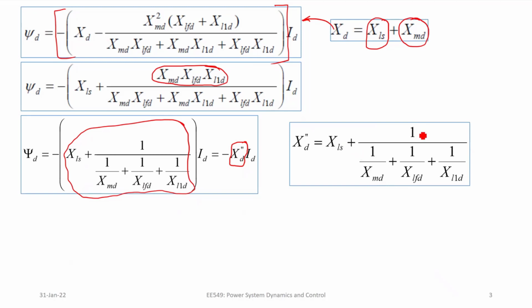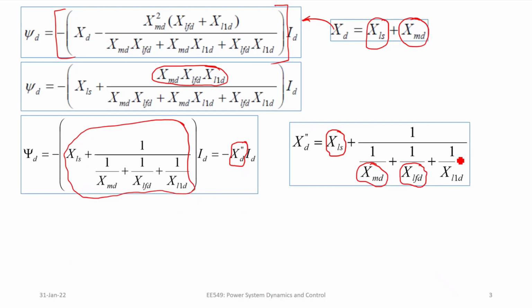So now we must understand these terms. This is your leakage reactance of the stator. This is your mutual reactance, okay, Md, in the d-axis mutual reactance. And it is, of course, same between stator and rotor, right? And XLFD is your leakage field reactance, leakage rotor reactance of the field, right?